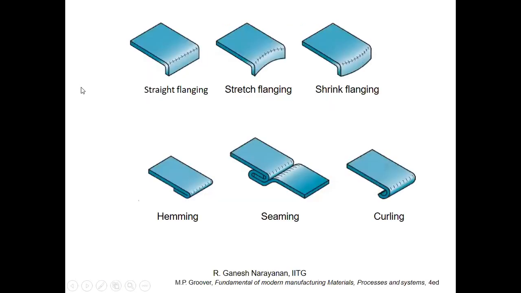You see all these kinds of bending are possible. We have specific names for them. This is called straight flanging, because this is called a flange. The edge portion that is protruding is called the flange. And if it is straight, as we have seen in the last example, it's called straight flanging. It could even be stretch flanging, because it stretches if it is a circular, curved profile.